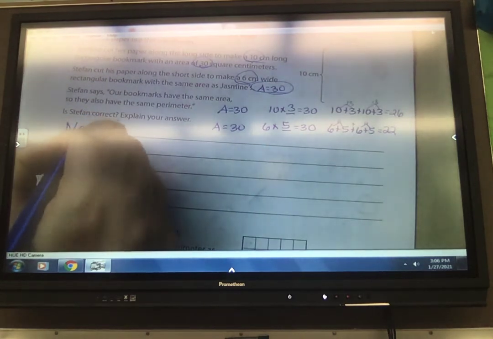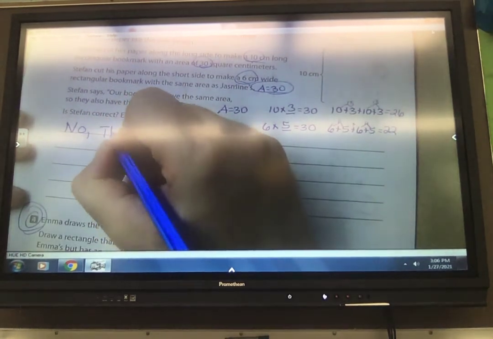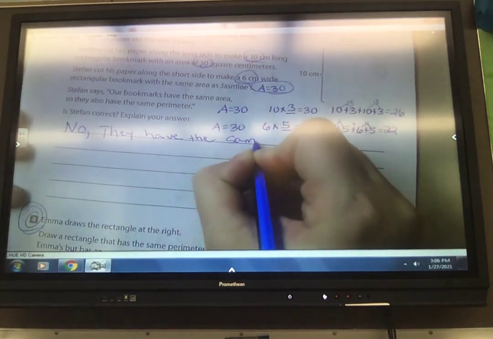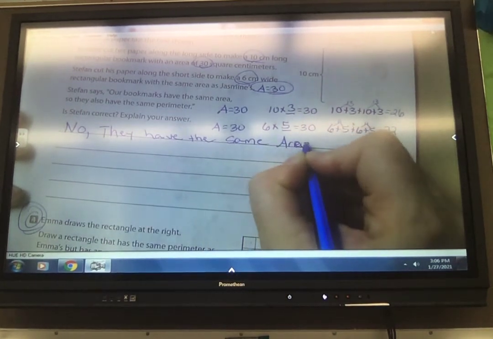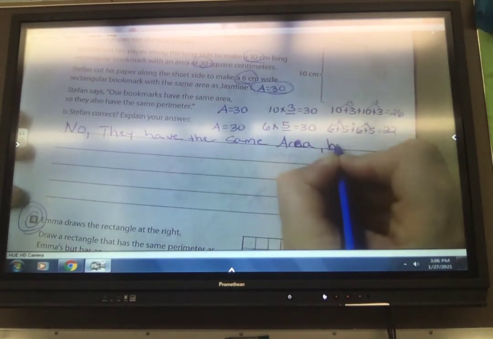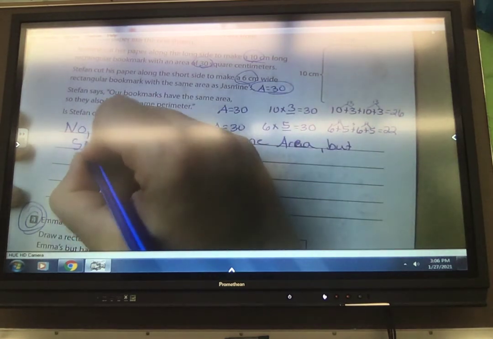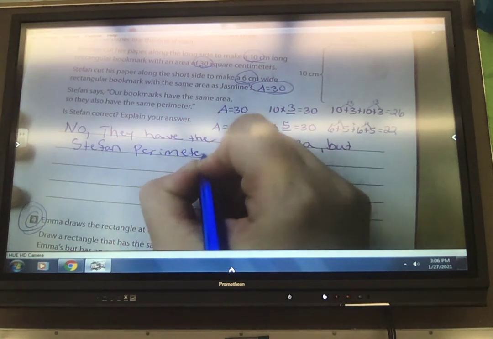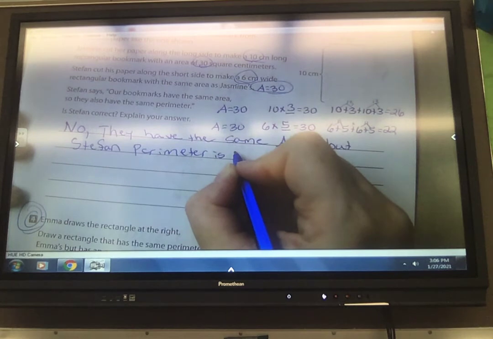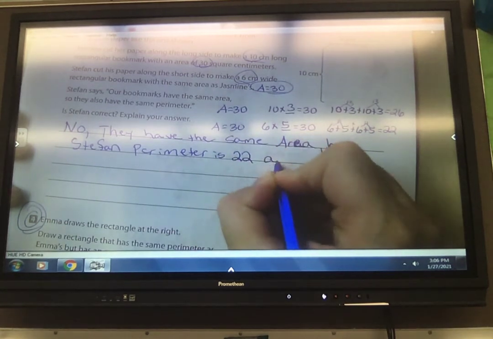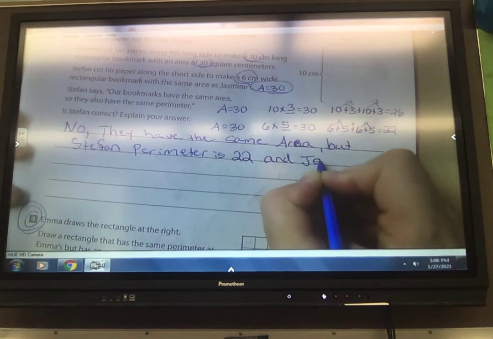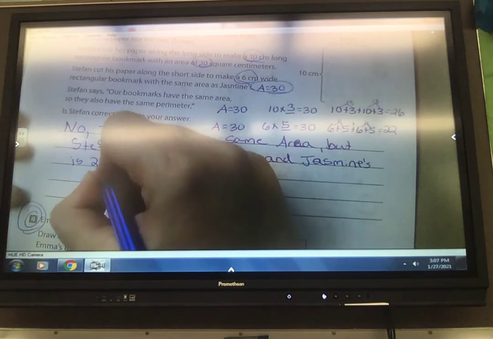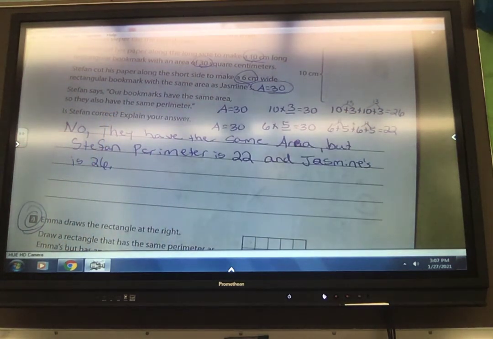No. They have the same area, but Stephen's perimeter is 22 and Jasmine's is 26. Their perimeters do not match.